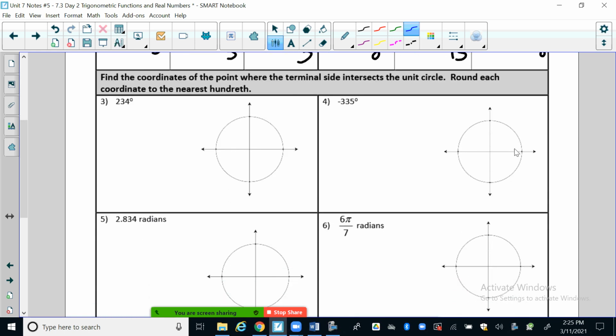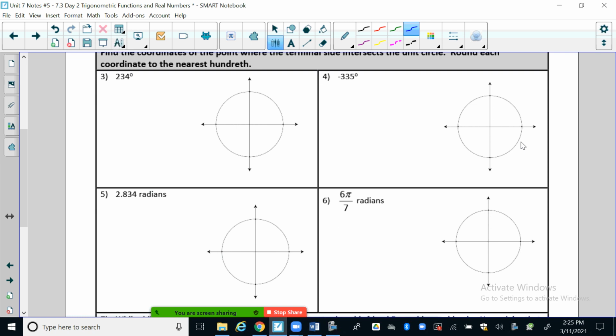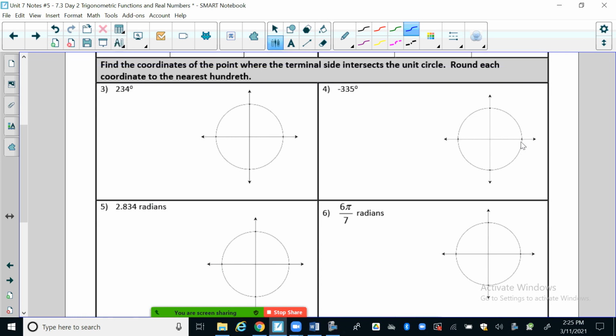All right, so let's do a few more examples. Find the coordinates of the point where the terminal side intersects the unit circle. Round each coordinate to the nearest hundredth. So, 234 degrees. Let's graph that angle. We have 180 degrees here, 270 degrees here.